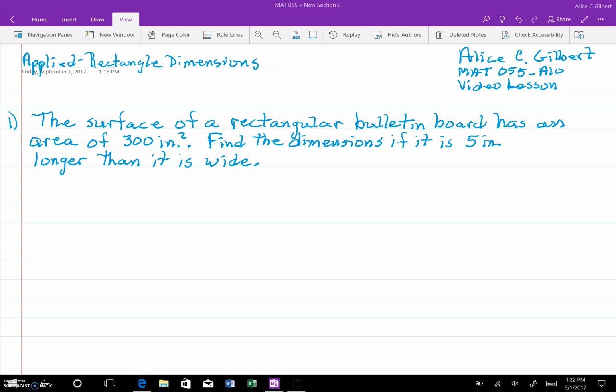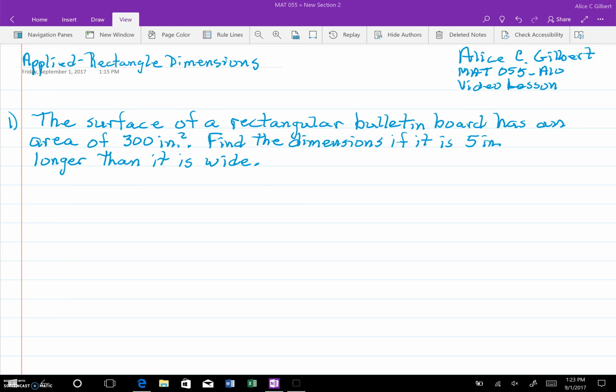The surface of a rectangular bulletin board has an area of 300 inches squared. Find the dimensions if it is 5 inches longer than it is wide. So, what does dimensions mean? Well, dimensions means length and width. It's one word for those two things.